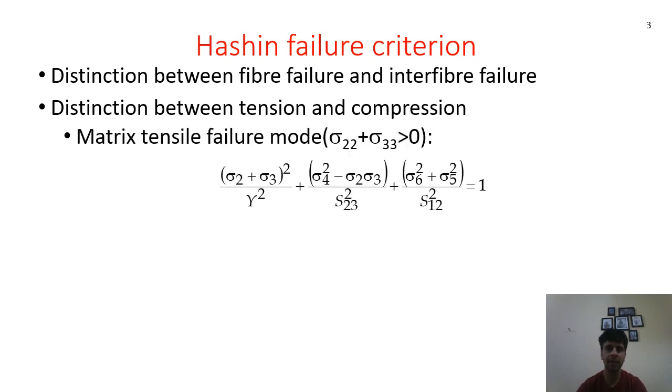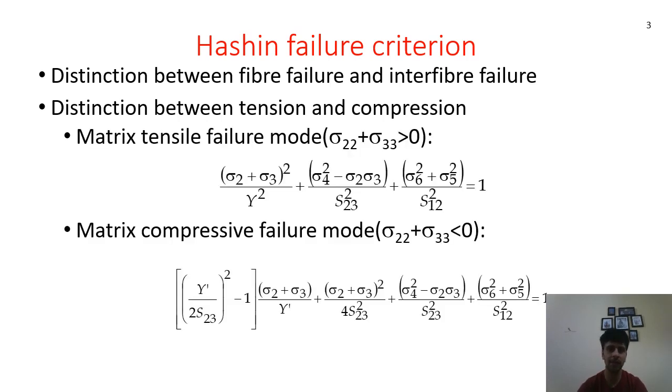So this is the formula for matrix tensile failure, and this is the formula for matrix compressive failure, which we already discussed at length in one of our previous lectures, where Y is your transverse tensile strength, Y prime is your transverse compressive strength, and S is your shear strength.